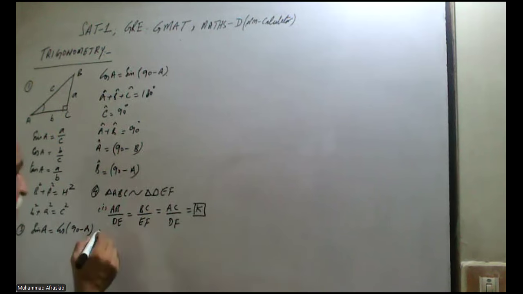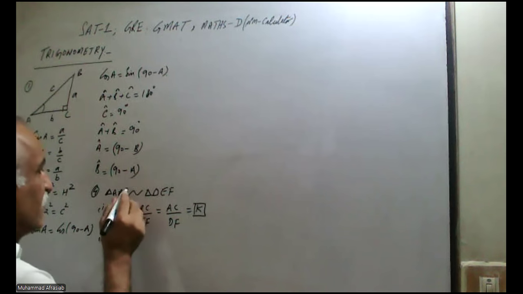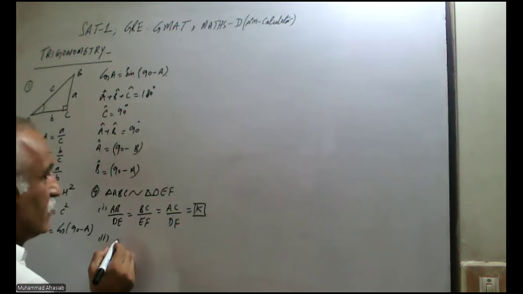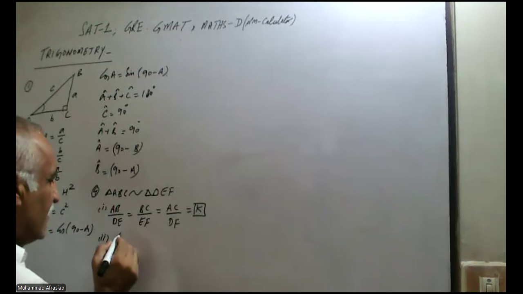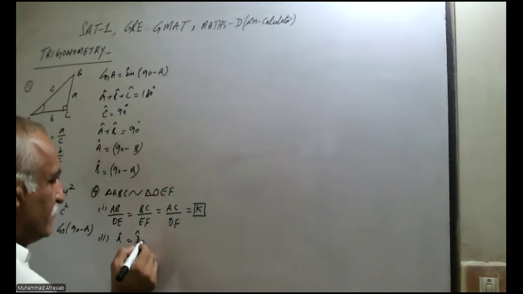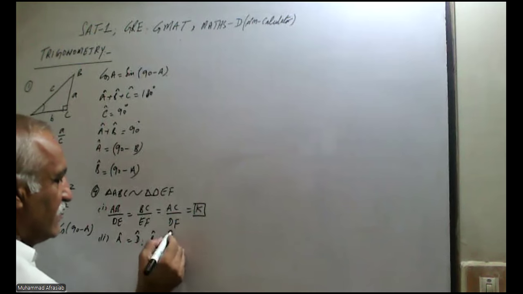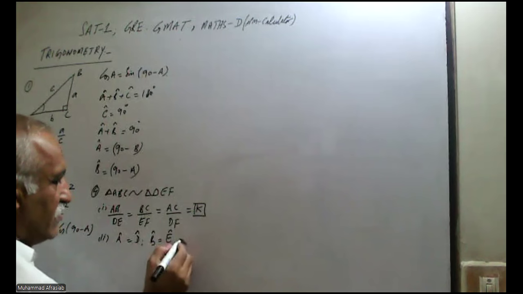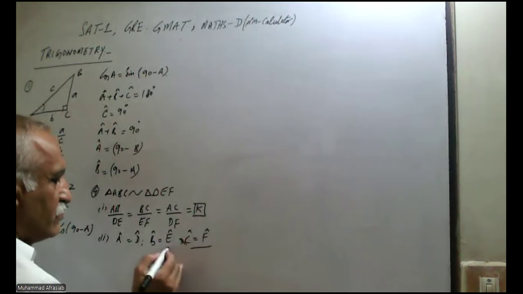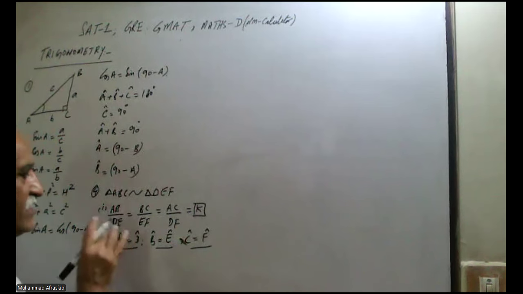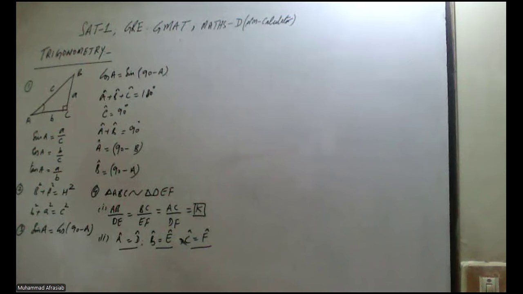Because they are similar, the angles are always the same. So angle A equals angle D, angle B equals angle E, and angle C equals angle F. So the angles are the same but the measurements are different.